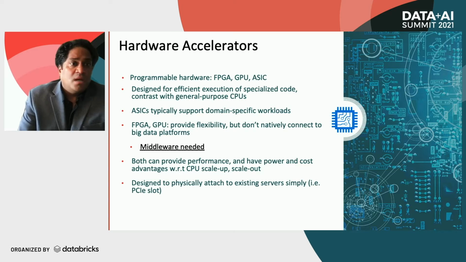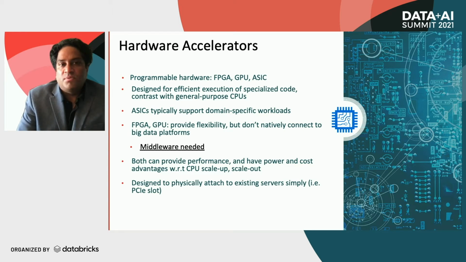All these hardware choices are designed for efficient execution of specialized code, meaning that the hardware adapts to the actual application. Contrast that with a general purpose CPU, which is programmable, but doesn't necessarily morph to adapt to your specific application. So these are all interesting hardware approaches.